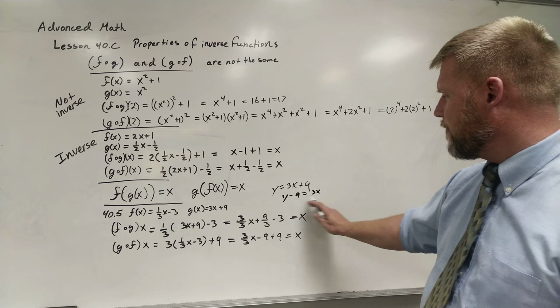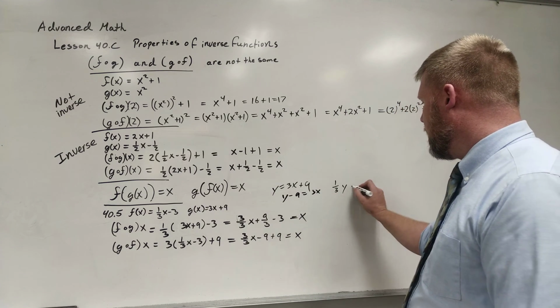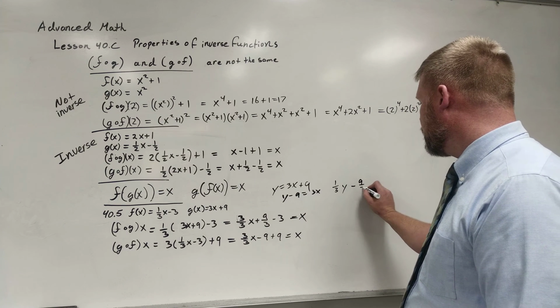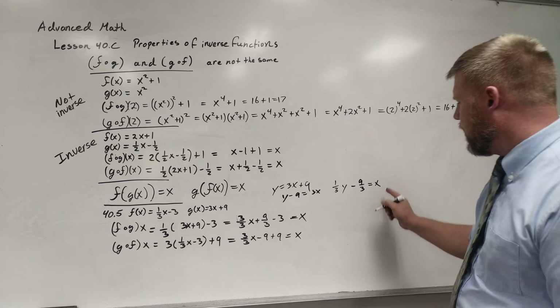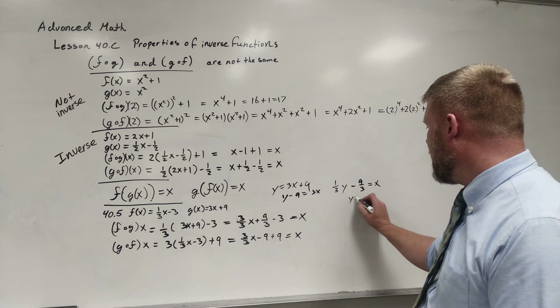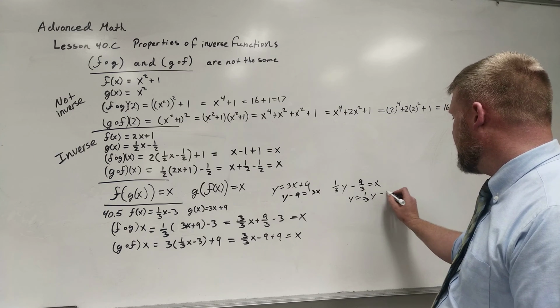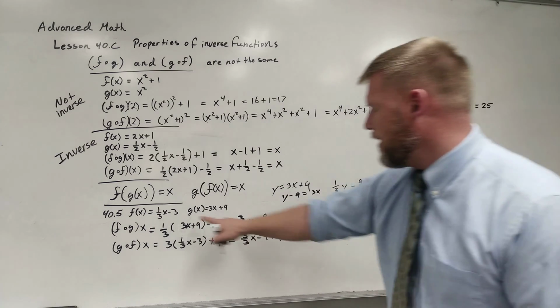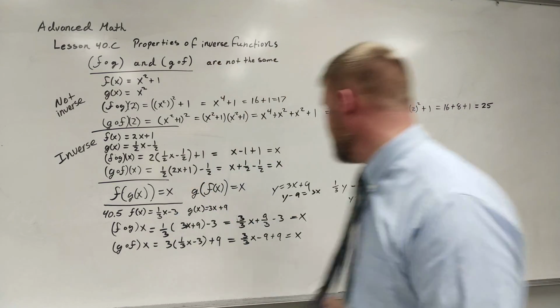I divide everything by 3 and get 1/3 of y minus 9 over 3 equals x. Okay, and then I would rewrite this as y equals 1/3 of x minus 3. And if you'll notice, that is what they have. These are inverses. We're starting out with those being inverses.